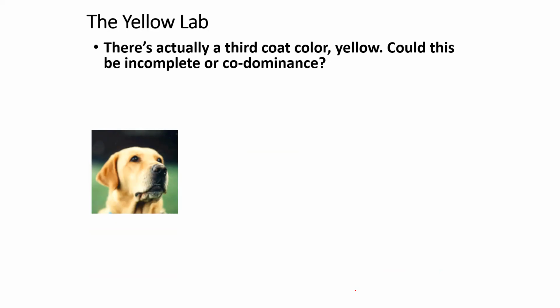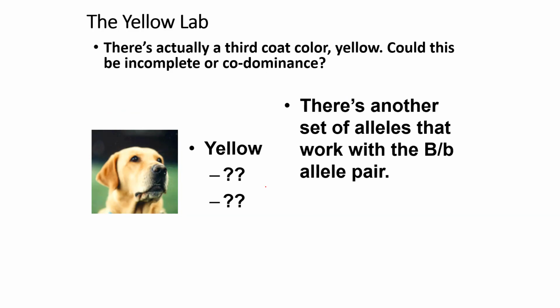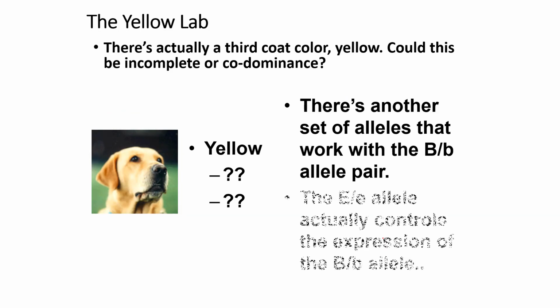But instead of getting brown all the time or black, sometimes you get a yellow lab. Now, this could be incomplete dominance or codominance that they're asking, right? But it says there's another set of alleles that work with your dominant and recessive color.